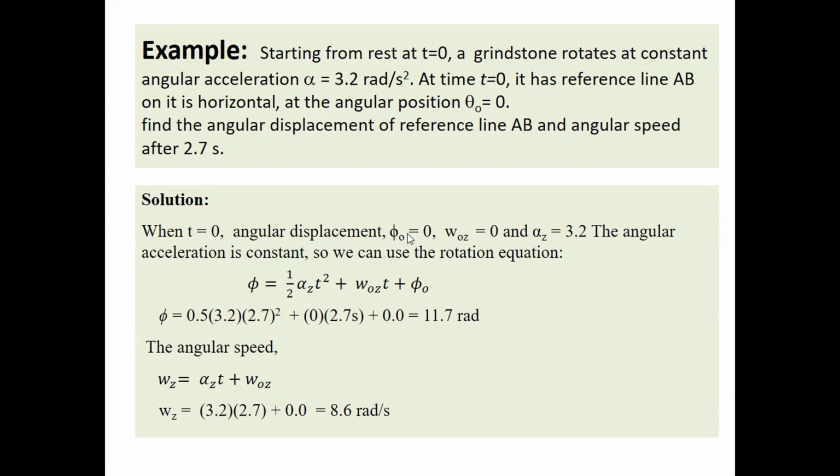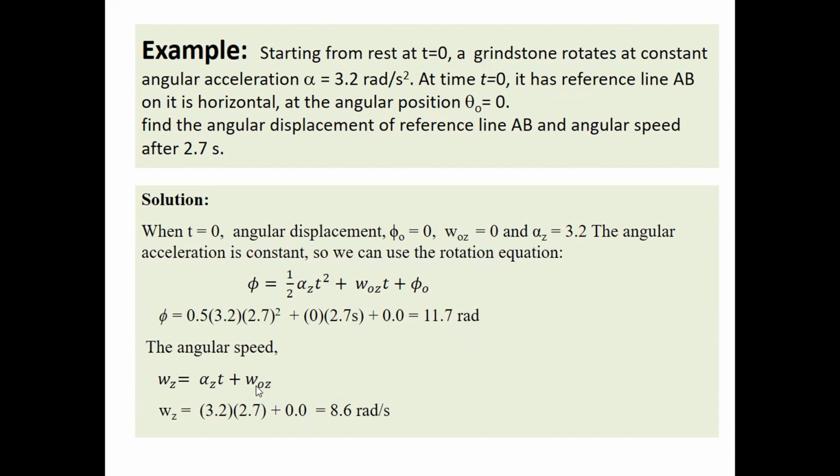Since the initial angular displacement is 0, the initial angular velocity is 0, and the angular acceleration is given as 3.2, we can use the kinematic equation. φ, the angular displacement, is equal to half αt squared plus ω0 times t plus φ0. Now these values are 0, and substituting, we get the angle φ as 11.7 radians.